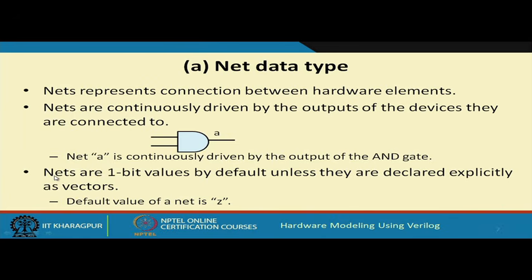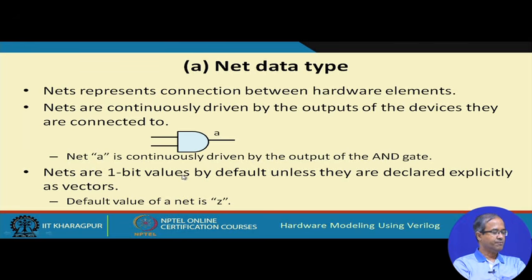When you declare a net using, say, wire A, by default it is taken as a 1 bit value, but we shall see that we can also declare vectors, where instead of a 1 bit value we use a collection of lines, like a 4 bit, 8 bit or 16 bit variable.